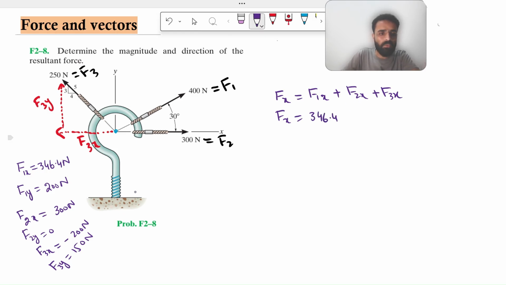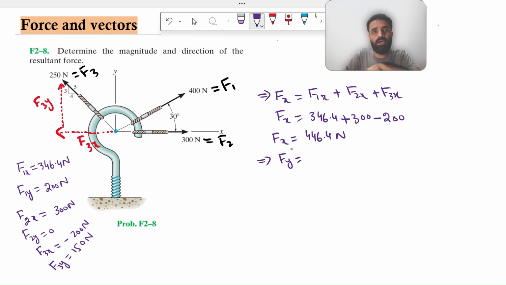Then F2x value is plus 300, and for F3x we have this value, which is minus 200. So the Fx will be equal to 446.4 Newton.